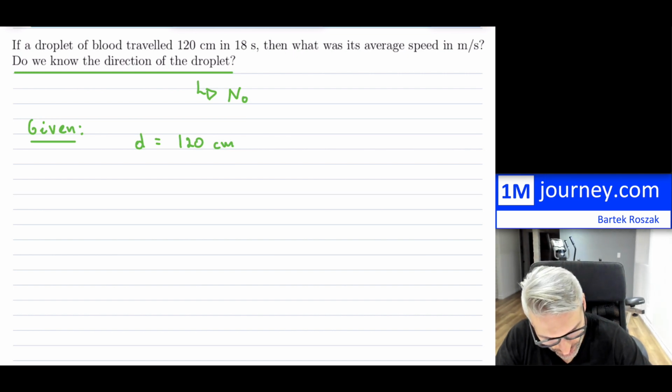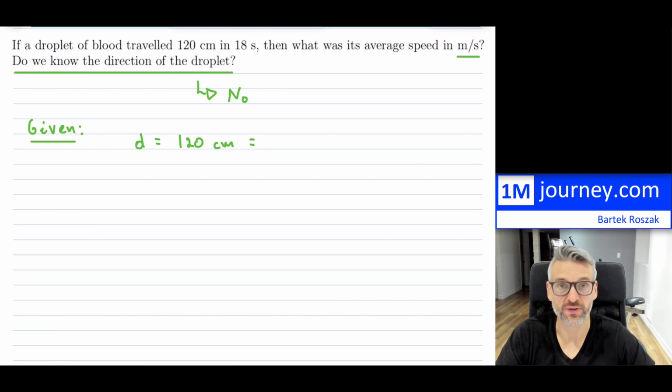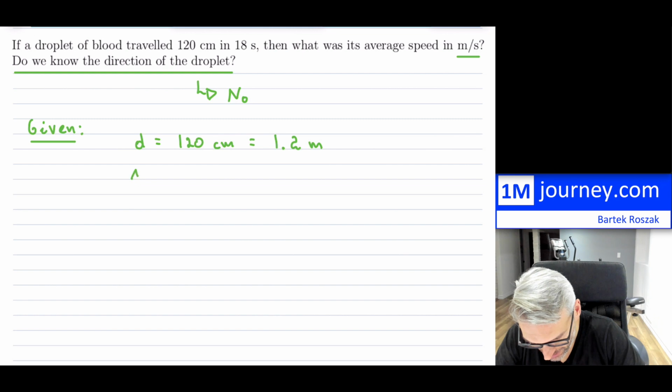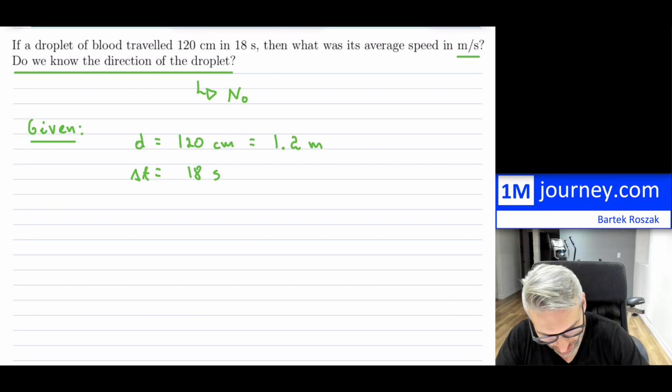Notice that they want meters per second, so going from centi back to meter, this is going to be 1.2 meters. And then the other component is the time, which is 18 seconds. Now we want to know what the average speed is.